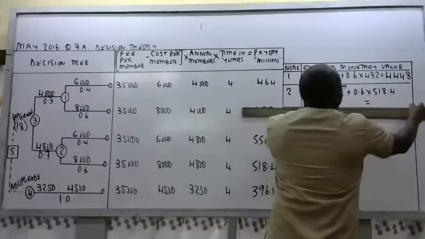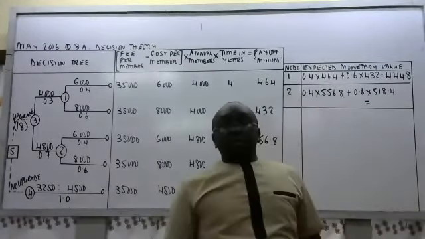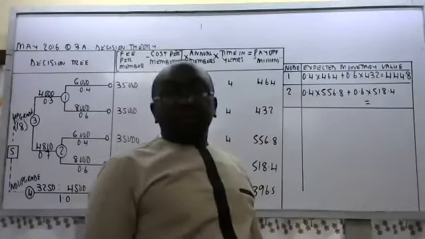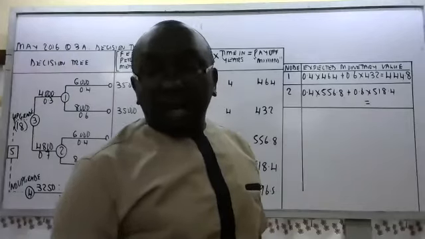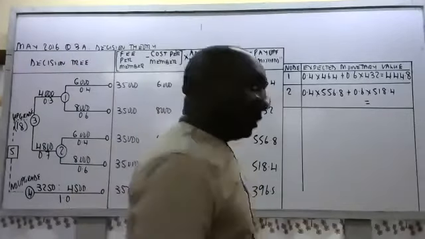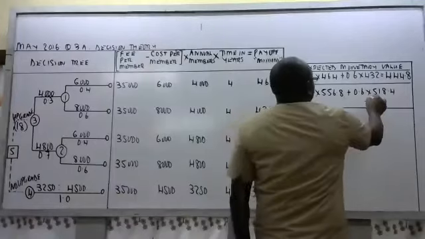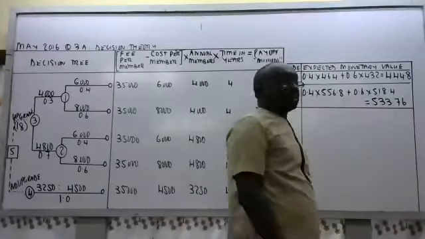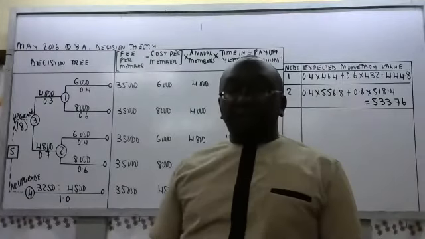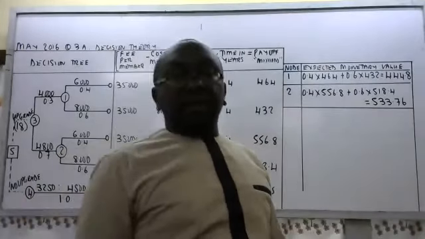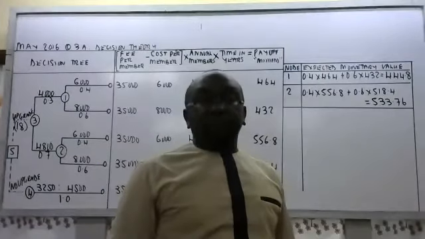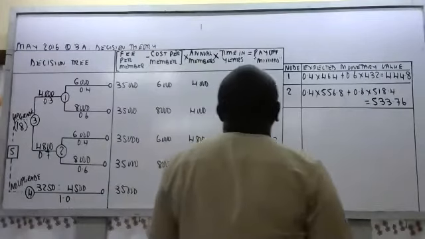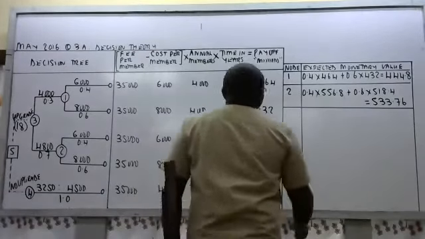Yes, June says 3.76, I mean 537.6. Yes, I can see Ivarin giving the same figure. Good. Let's go to number 3.